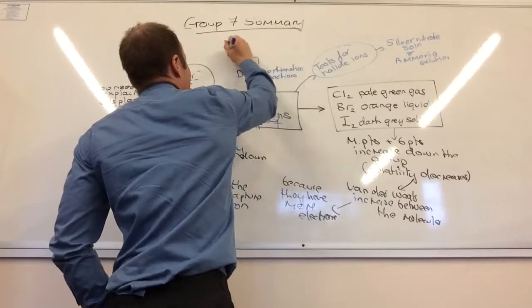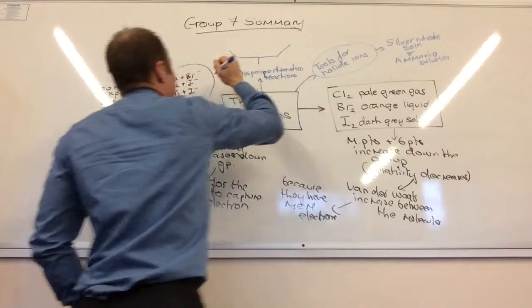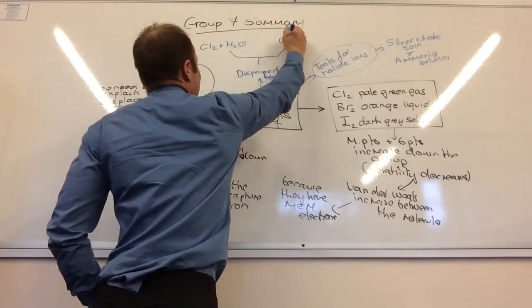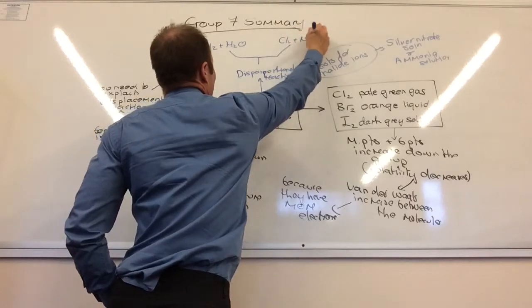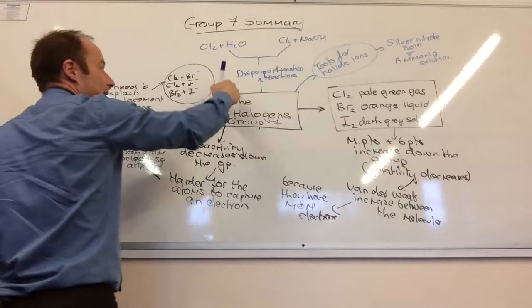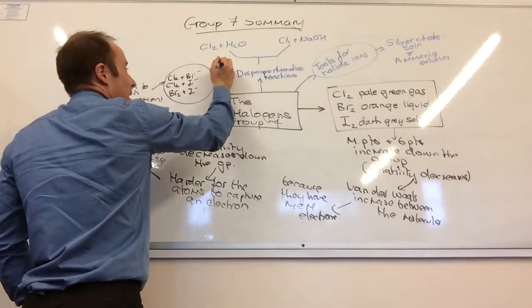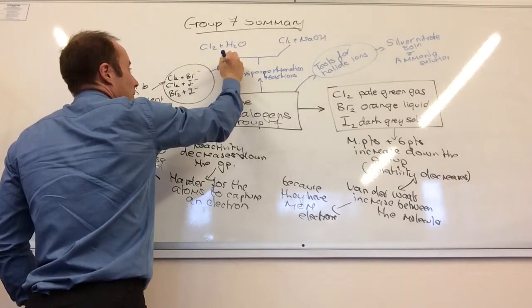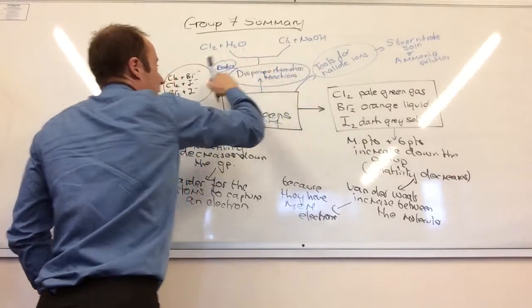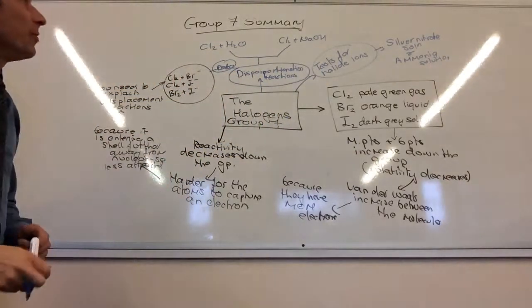And there were two that you do of Cl2. There's Cl2 plus water and Cl2 plus NaOH. So you need to know those. And these are both redox reactions.